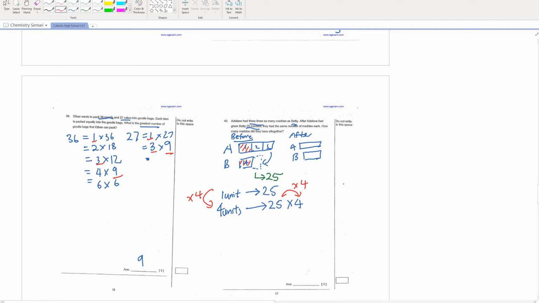So what is 25 multiplied by 4? We have 25 times 4. 5 times 4 is 20, so we put a 0 here and a 2 on top. 2 times 4 is 8. 8 plus 2 is 10. So from here we know that 25 times 4 is 100. They have a total of 100 marbles.